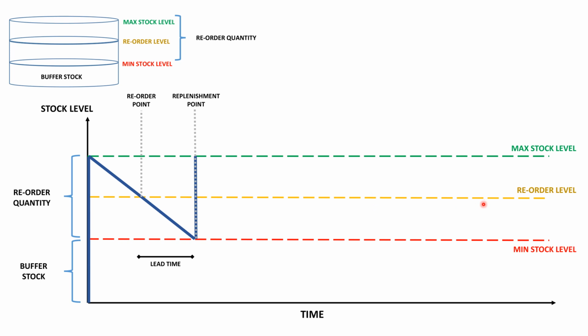In the middle we have the reorder level. It is the level at which, when the stock of a material reaches it, it is time to order the next quantity of stock. The topmost level we call the maximum stock level, and it is the quantity of material that has to be stored at site at any given point of time.